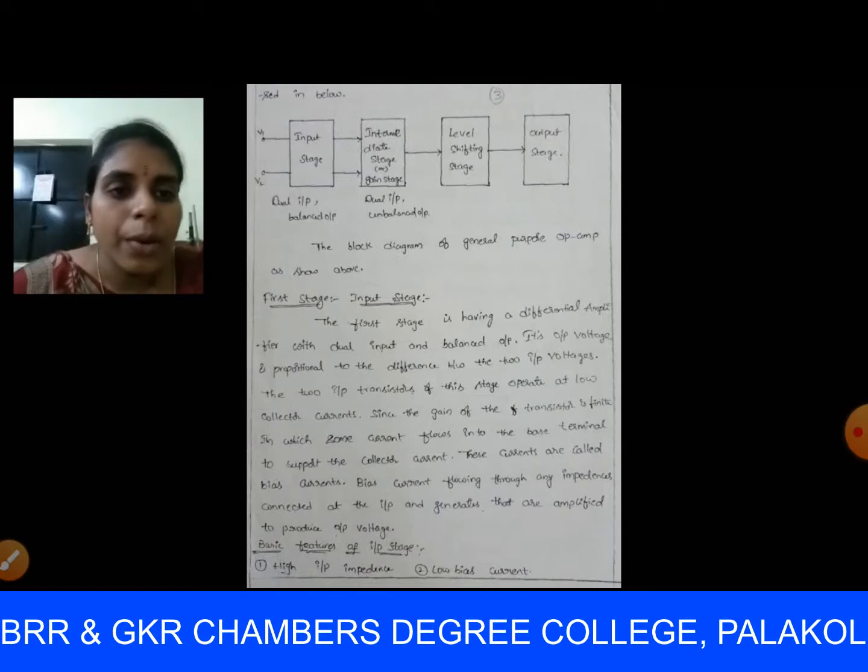The two input transistors of this stage operate at low collector currents. When V1 is one input terminal and V2 is the other input terminal, these form a transistor pair. We previously discussed the transistor differential amplifier: if two different inputs are given to the transistors, it produces output in one of the configurations.